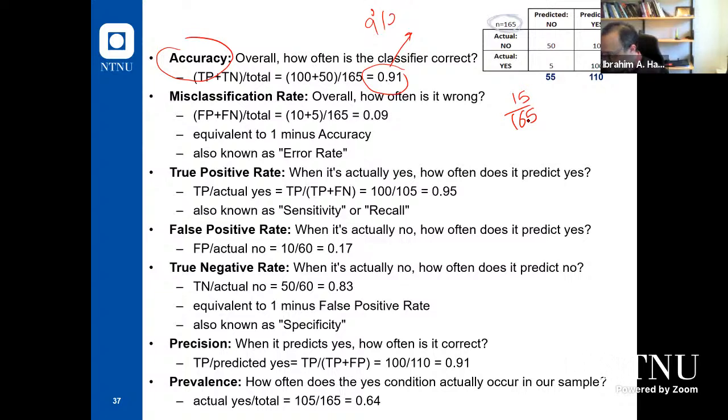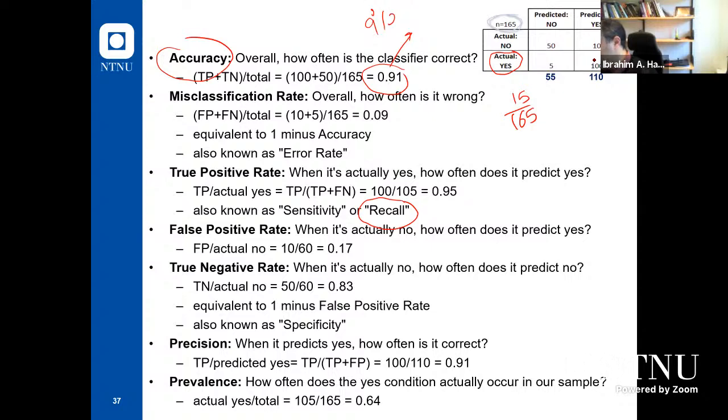We have something here very important, which is recall. The true positive rate is about total positives. It's when it is actually yes, how often does it predict yes? When it's yes, how many times can we predict yes? So for recall, when it's yes, how many can we predict as yes?